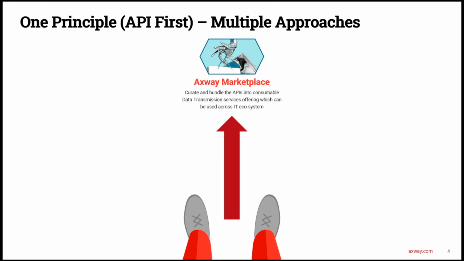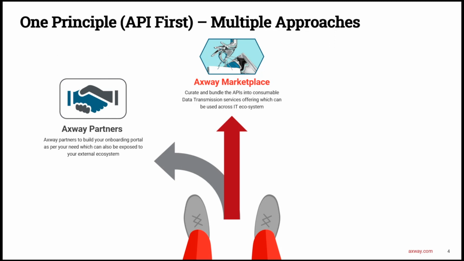But let's say you do not have any tools or processes in place, you can innovate the partner web experience and create your own application using Axway's technology partners. These apps can be exposed to your partner ecosystem to provide details required for the onboarding, which will not only promote your brand, but also improve the turnaround time for the project.